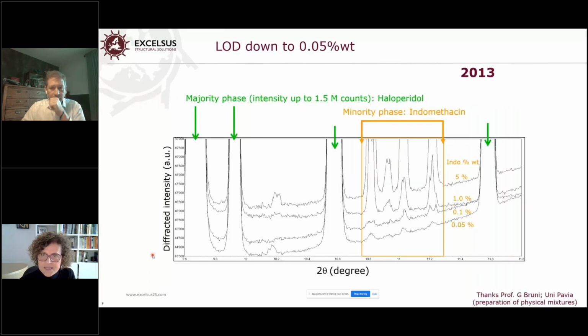So this was the first attempt back in 2013 to see what was the ability of this kind of detection system to detect small traces. And you see that here in a mixture of active pharmaceutical ingredients, we were able to go down to better than 0.05% in weight, which I think at that time was the best circulating.